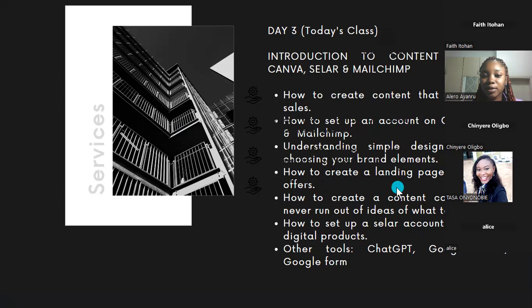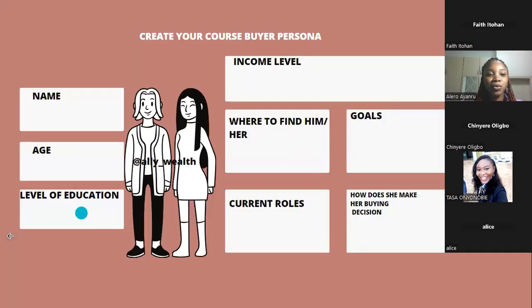All right. So let's dive right into the content creation part. So I did give an assignment yesterday, or let me go back and talk about it since the majority of us were not here yesterday. So when you're selling online, there's something called a buyer persona.